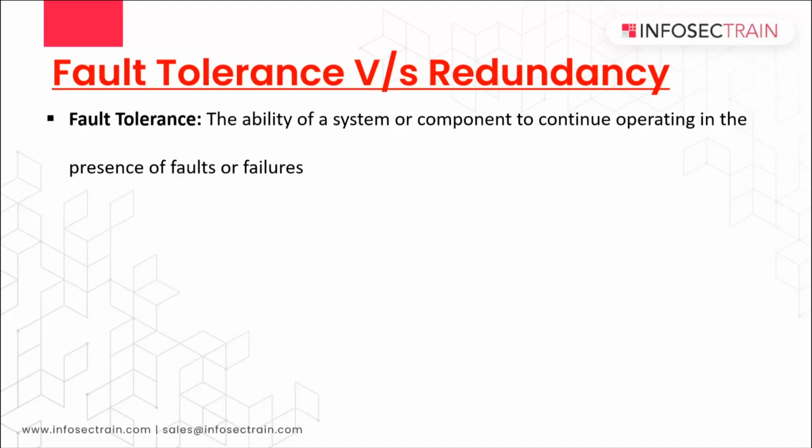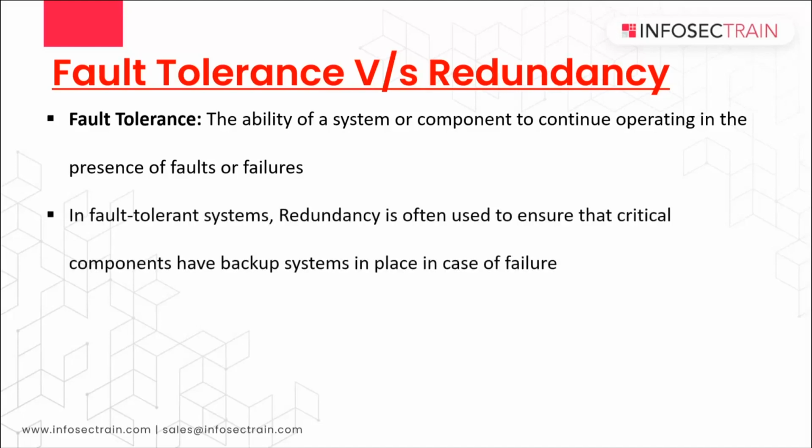So we can say that in fault tolerant systems, redundancy is often used to ensure that critical components have backup systems in place in case of any kind of failure.